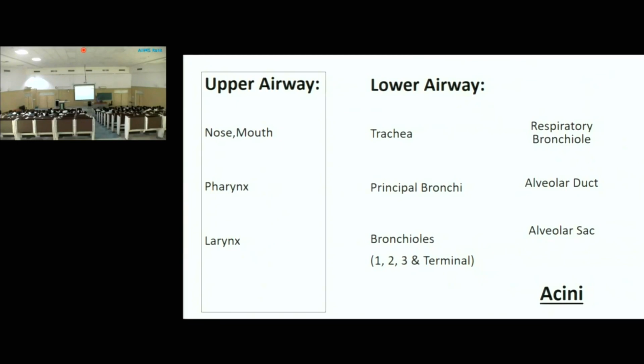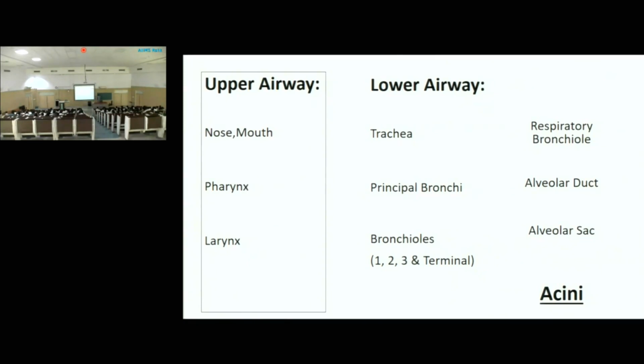So the normal bronchus. The bronchus will have a lumen, right? And that lumen will be lined by epithelial cells. Can anyone tell me the name of these epithelial cells lining the bronchus? They are ciliated columnar epithelium, right?